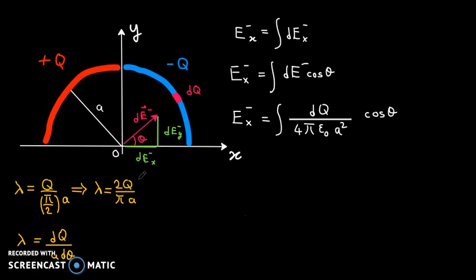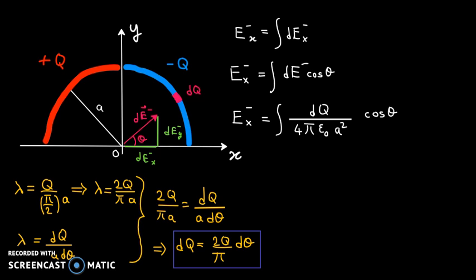Going back to our calculations, we combine these two equations to eliminate lambda, and we isolate dq. Now we have dq expressed in terms of the given variables and d theta. Note that I introduced the intermediate variable lambda and then I made it disappear because it's not a given variable in the problem.